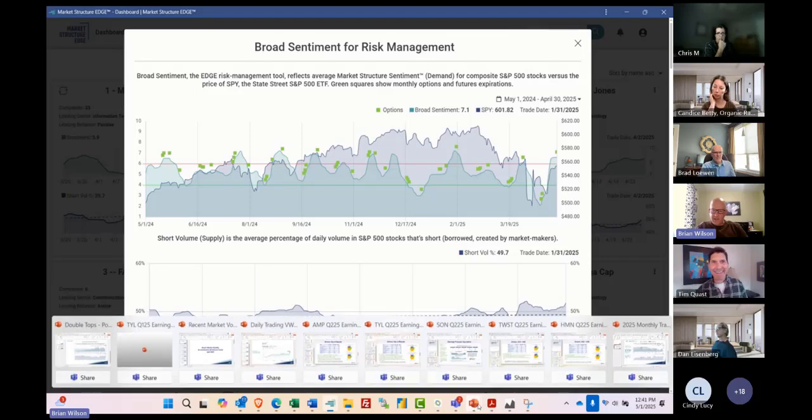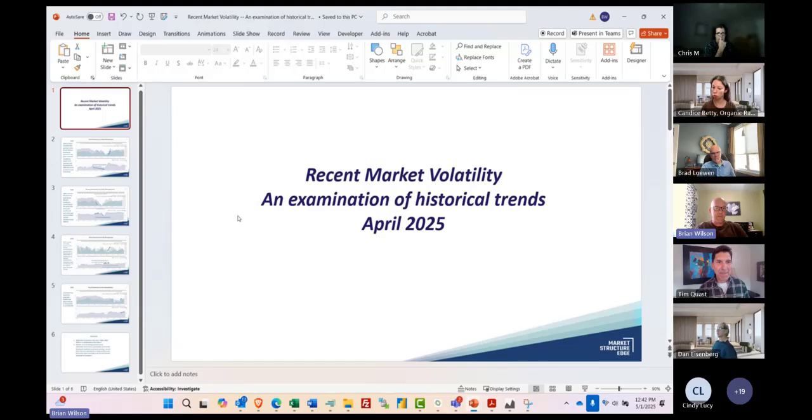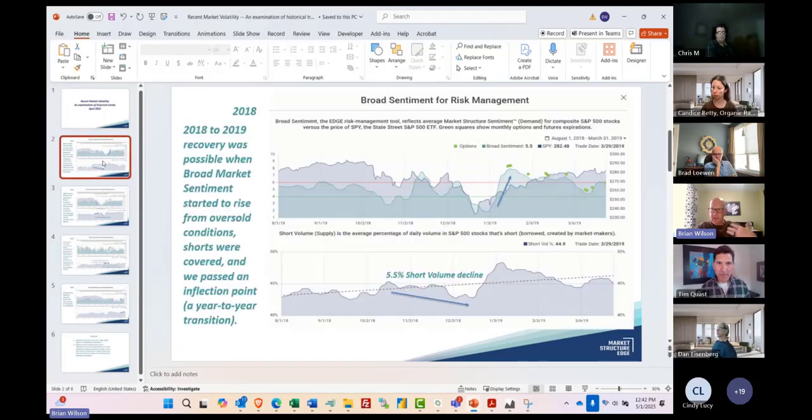The last one is just where we're at right now from a market volatility perspective. And you've seen this slide a couple of times now, but once again, if there's anyone new, these are some of the recent market cycles when we had difficult conditions and how we came out of them and where we're at right now.